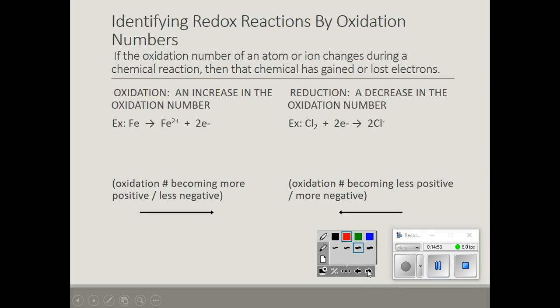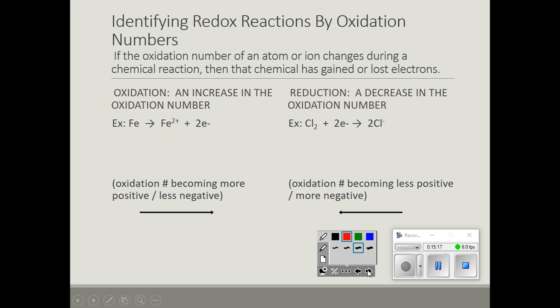Now, we can identify redox reactions with oxidation numbers, and I kind of alluded to this before. If the oxidation number of any atom or ion changes, then we know that redox happened. And one of the things that you will have to do is identify just, is this a redox reaction?